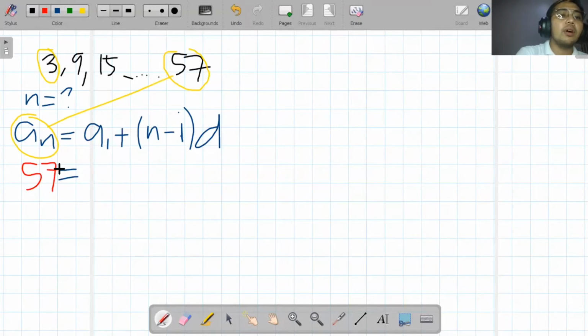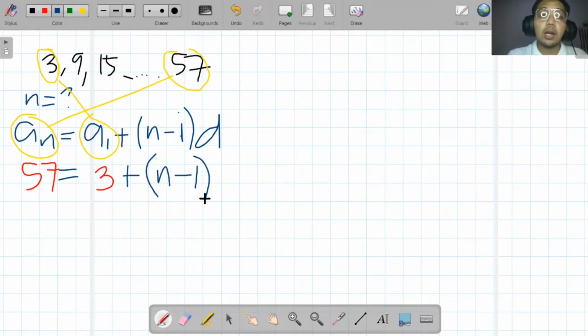A sub 1 obviously, is 3. And then continue plus ang n, wa kahibaw, minus 1. And the common difference, of course, kay laka. So common difference, pila man? Subtract 15 minus 9, 9 minus 3. When we subtract, that would be equal to 6. Okay? So simplify.